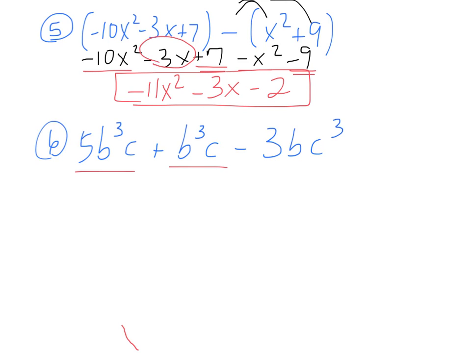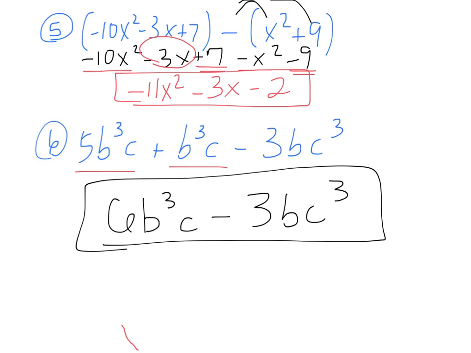Well, I see b to the third power c 2 times, so I underline them, therefore they're like terms. 5b cubed c plus 1b cubed c makes 6b cubed c, and then minus 3bc to the third power. These are not like terms, therefore you can't combine them and you are finished.